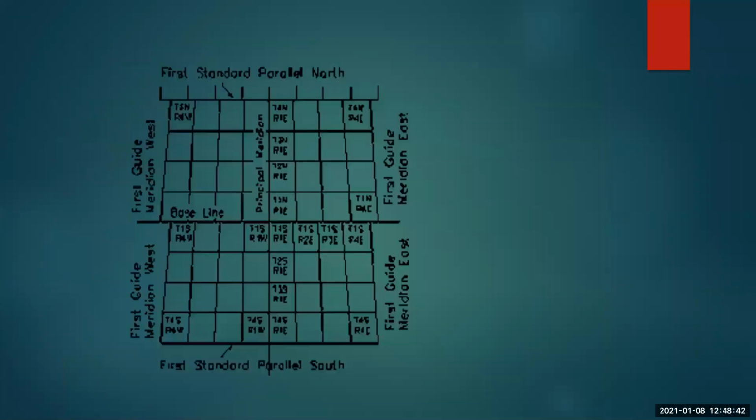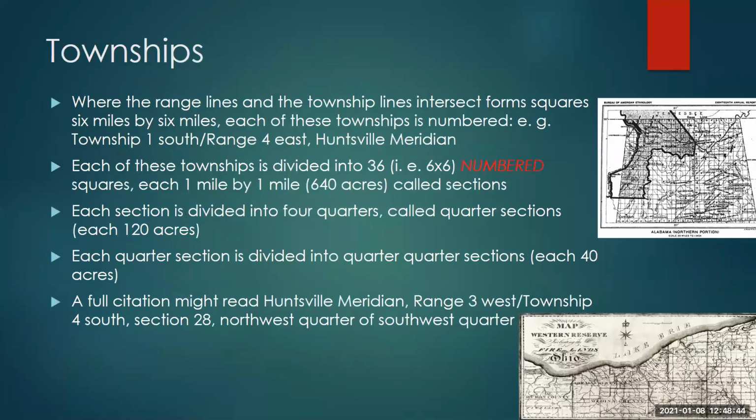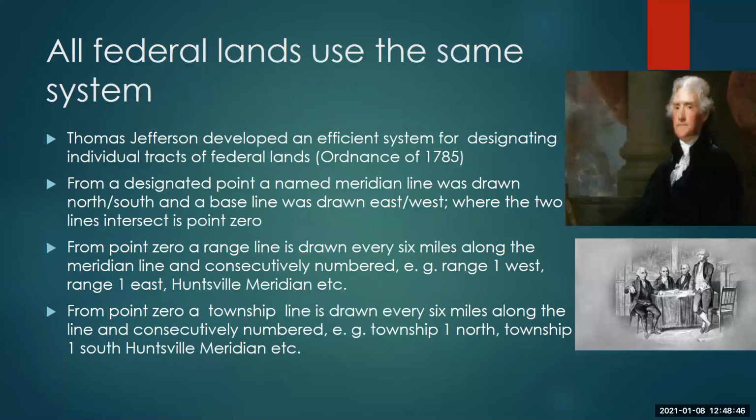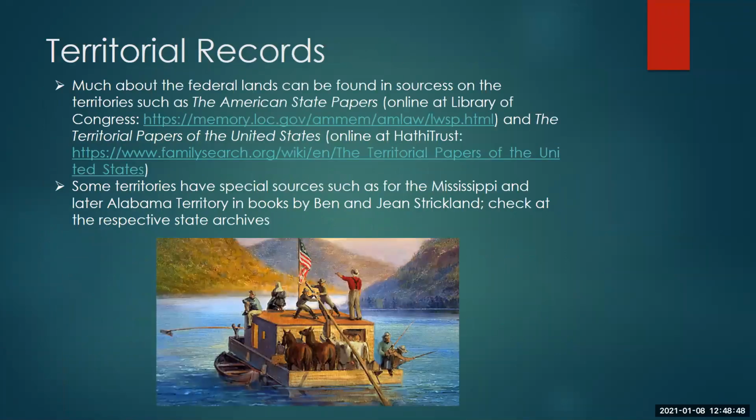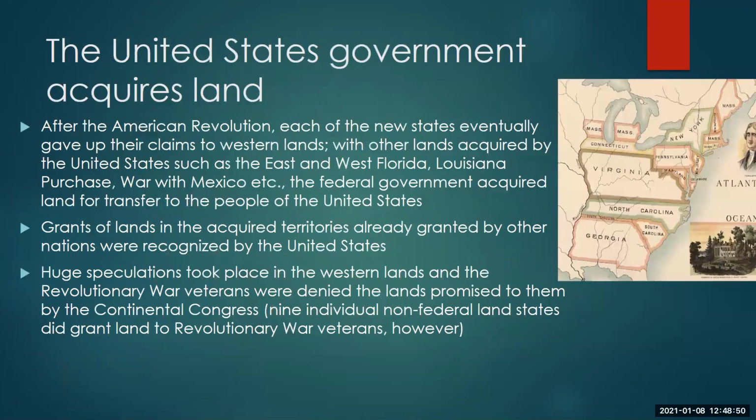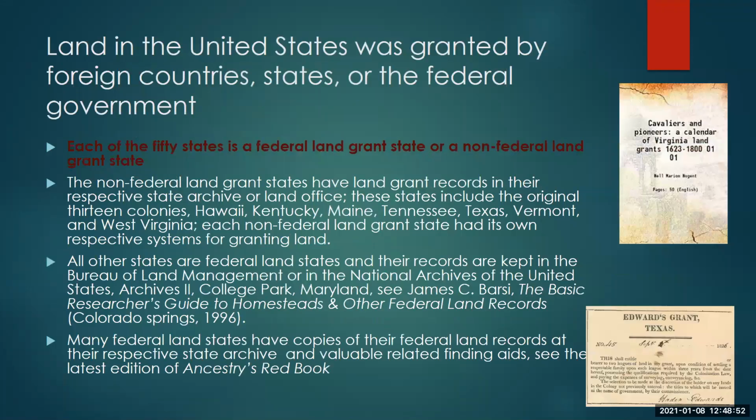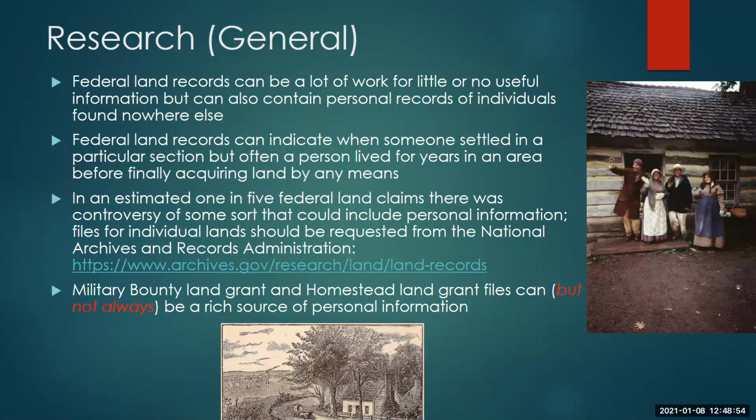Go to the National Archives website, and they will explain the federal land records to you. And they will explain how you ask them to search for federal land records for your ancestor.